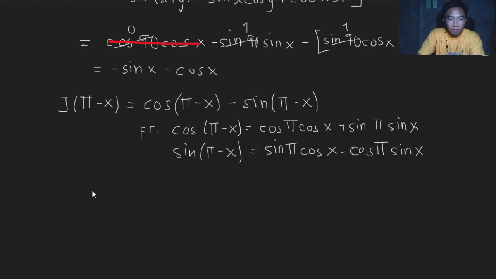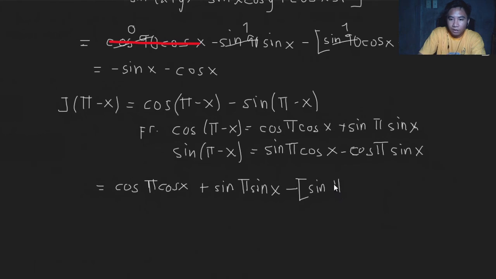So, kapag sinubstitute natin yan, so we have cosine pi cosine x plus sin pi sin x, and then minus the quantity of sin pi cosine x minus cosine pi sin x.